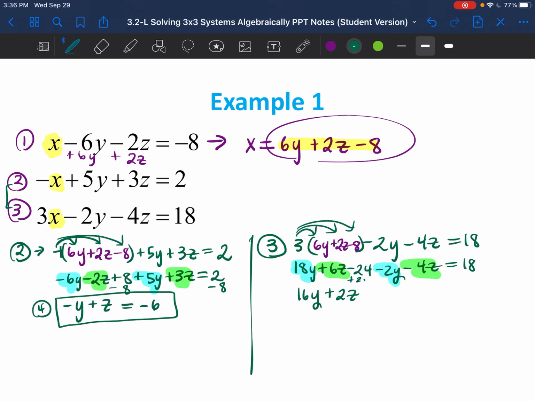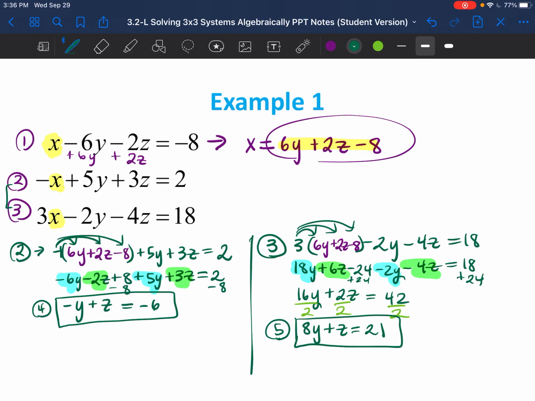And move your constant to the other side. Okay, and then before you box this and call it equation 5, if there is a common factor in all three places, like a 2, go ahead and divide the entire equation by that number, just to keep the numbers smaller since we don't have a calculator. And so 8y plus z equals 21 would be a nicer equation to work with. And so there's your equation 5.